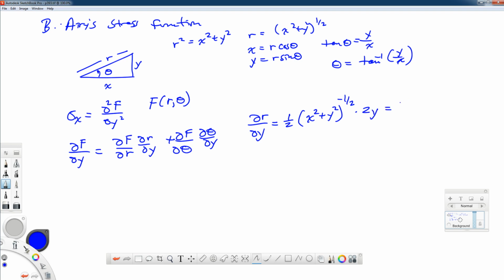Okay, so the 2 and the 1/2 cancel out. We're going to have y divided by r. x squared plus y squared on the bottom to the 1/2 power is r. So it's y over r, or we can express this as the sine of theta.